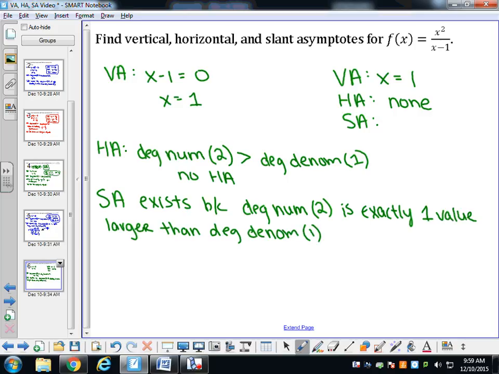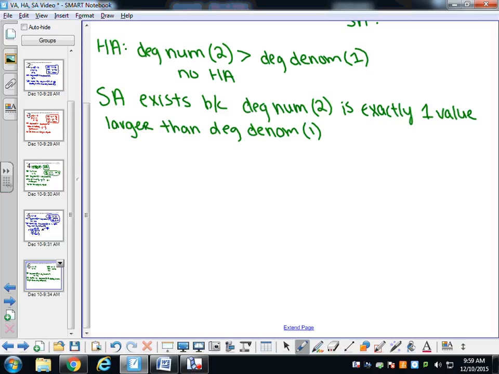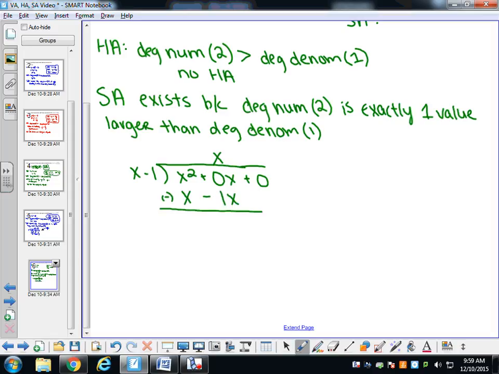So again, I will do some long division. So I have x minus 1 divided into x squared plus 0x plus 0. So in order to get rid of x into x squared, I need to multiply by an x. So I get x squared minus 1x.